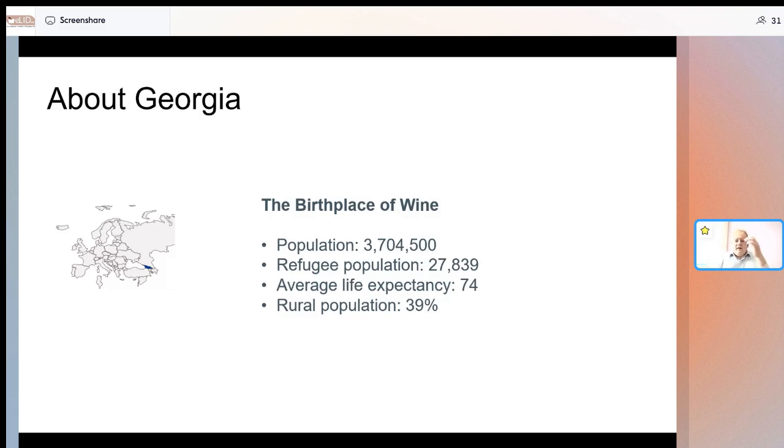Now for something completely different. So again, we worked a lot with Georgia as part of my work. Georgia is a country in Eastern Europe on the Black Sea. It's a former Russian colony, now an independent country, and again has quite a significant rural population, meaning that we had to look at solutions.